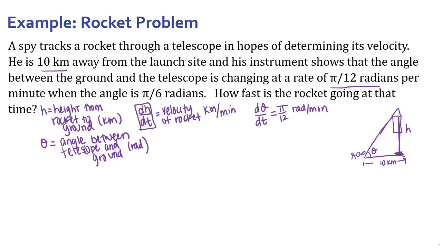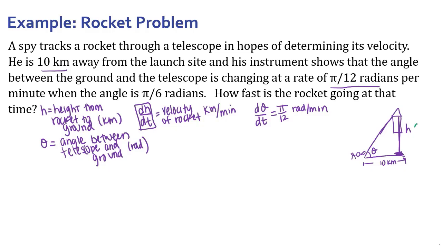So do you see how a problem that seemed really sketchy, by reading it a second time and drawing a picture and assigning variables as we read it through a second time, makes it a lot easier to go through? Okay, so I need to find a relationship between theta and height, and I think we can do that using right triangle trig.